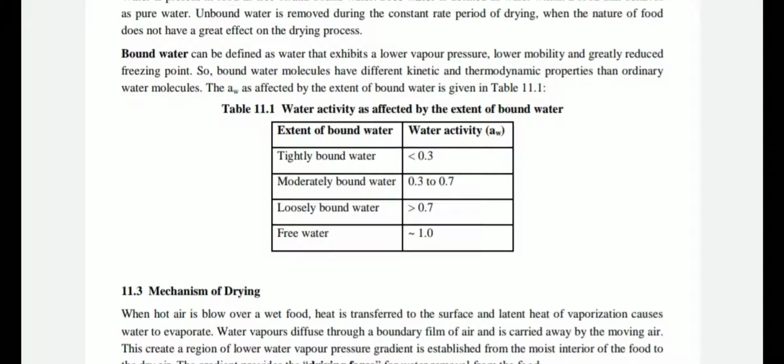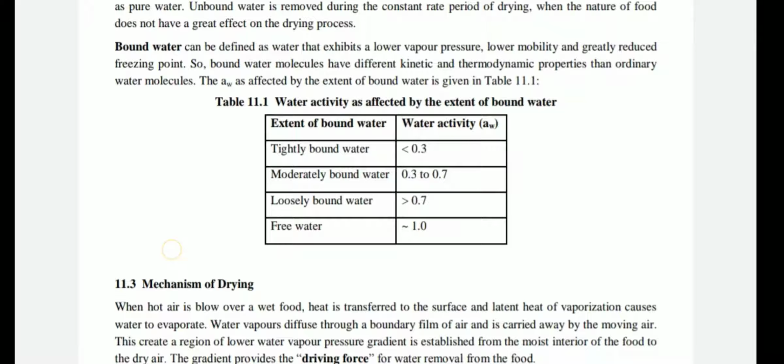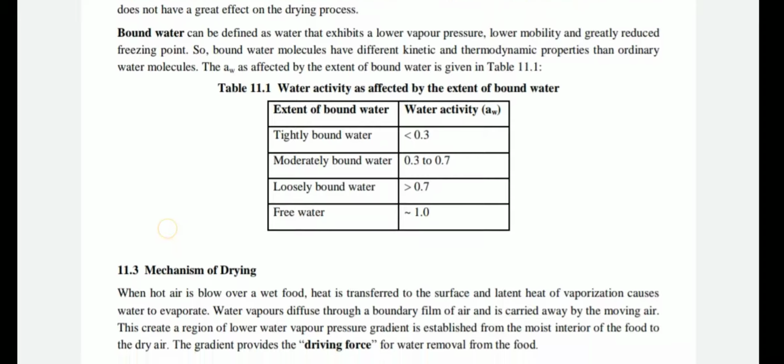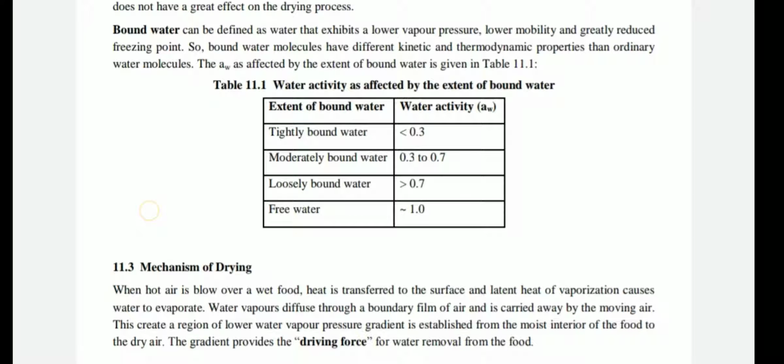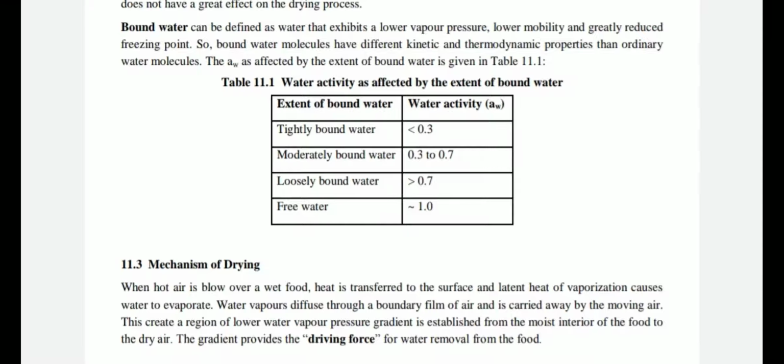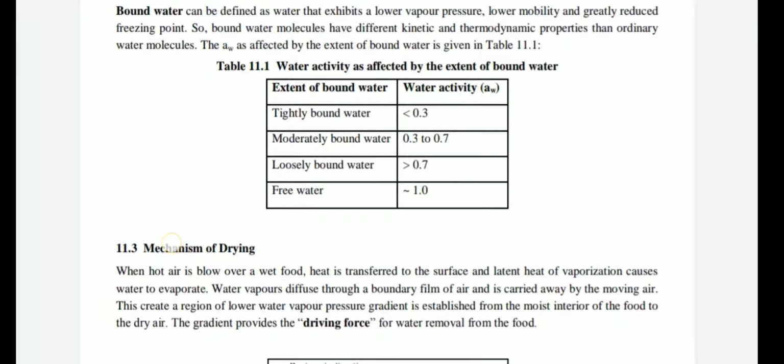Moderately bound water has a water activity of 0.3 to 0.7. Then loosely bound water has a water activity of more than 0.7, and free water has a water activity of 1.